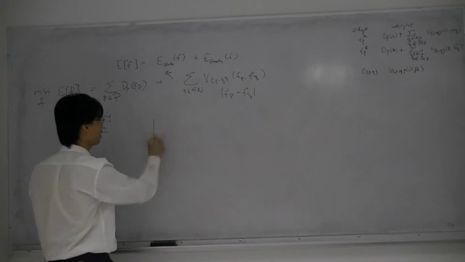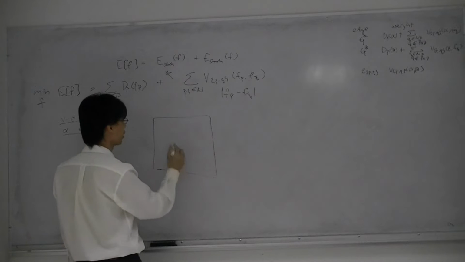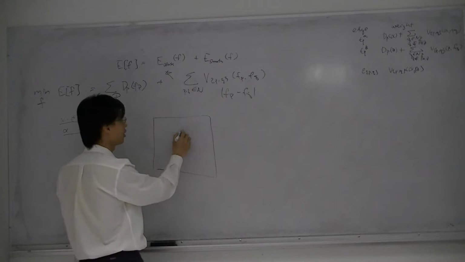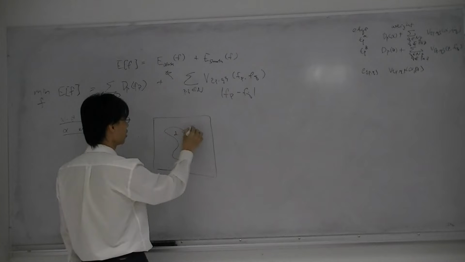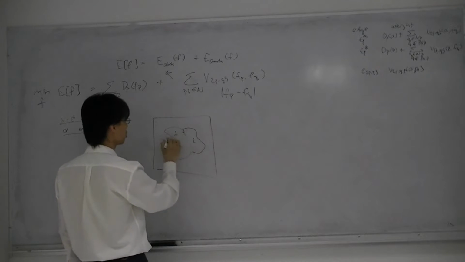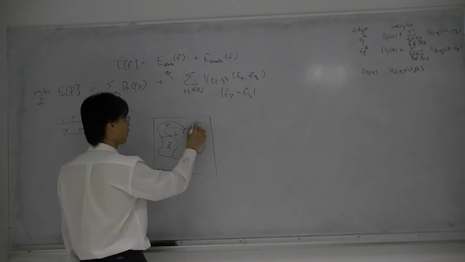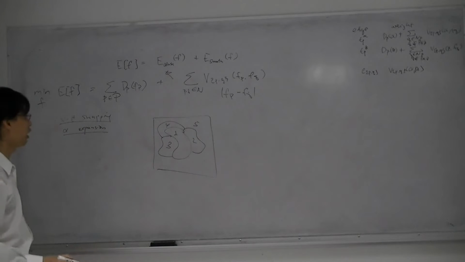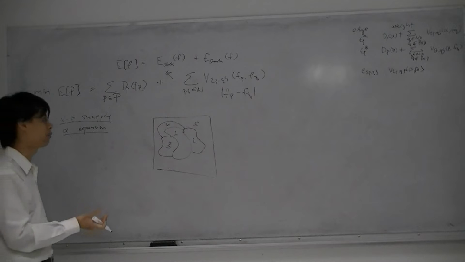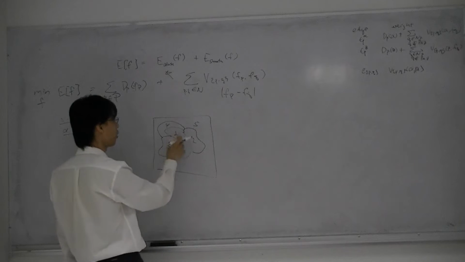Let's say you already have an image now, and let's say you have a labeling now. Let's say this part is 1 and this part is 2, this part is 3 and so on, this part is 4, and this part is 5. Then an alpha-beta swapping step is basically you swap one of the labels to another label.